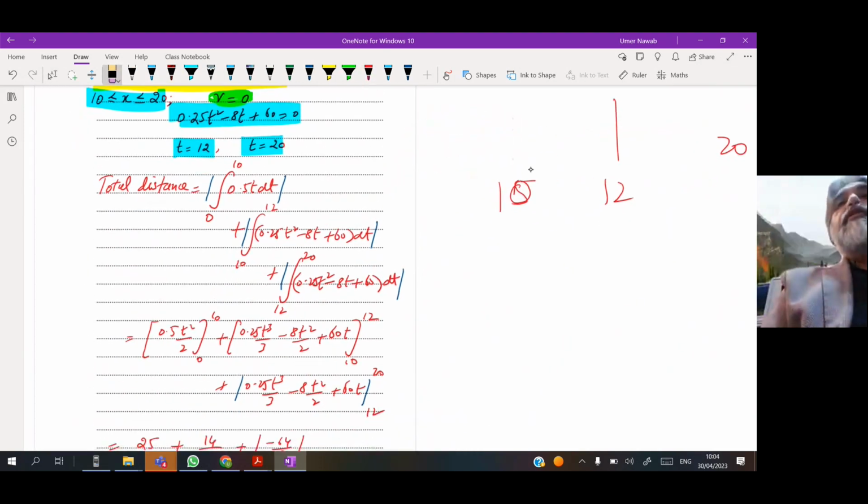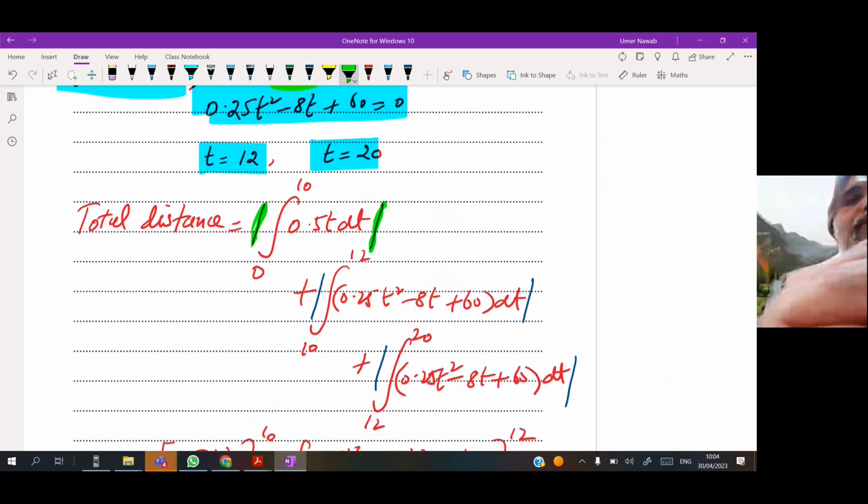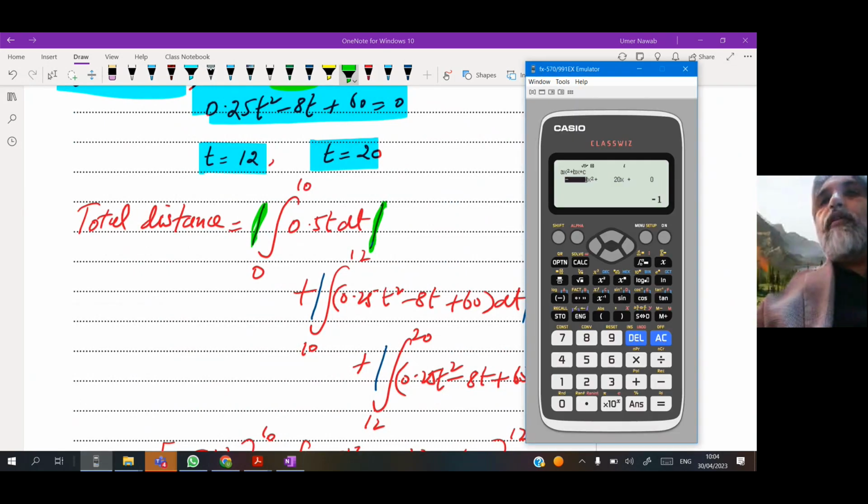Another important thing which you guys can experience: I have put the bars over here. You can use the Abs feature of a calculator, which helps you make your answer positive, because Abs is absolute. So I want to take the absolute value.